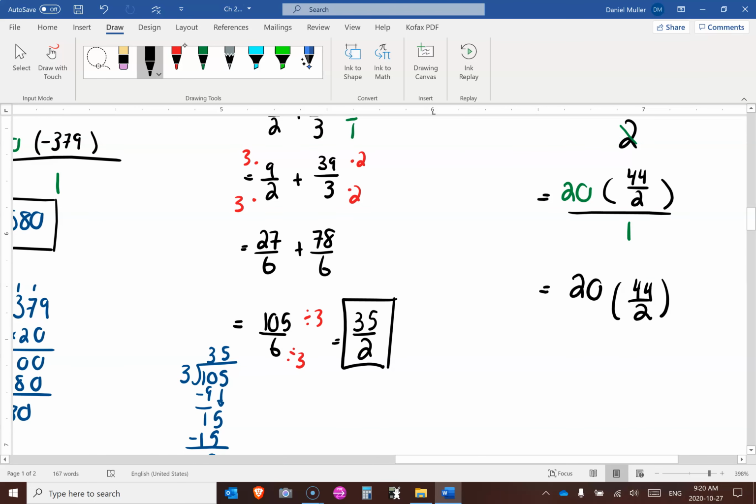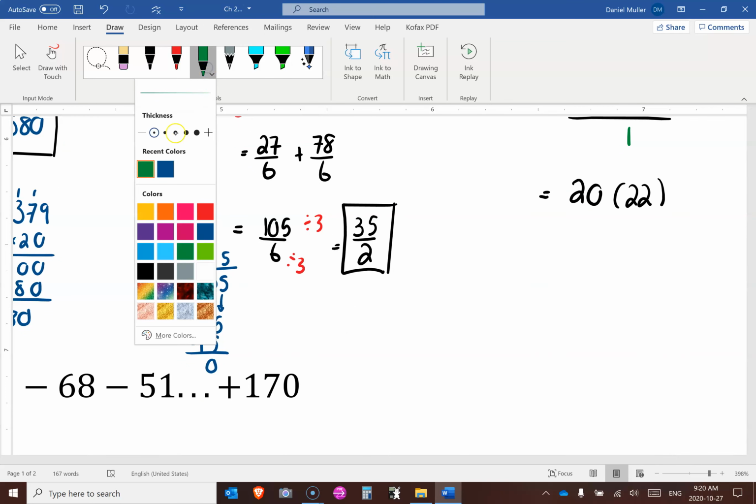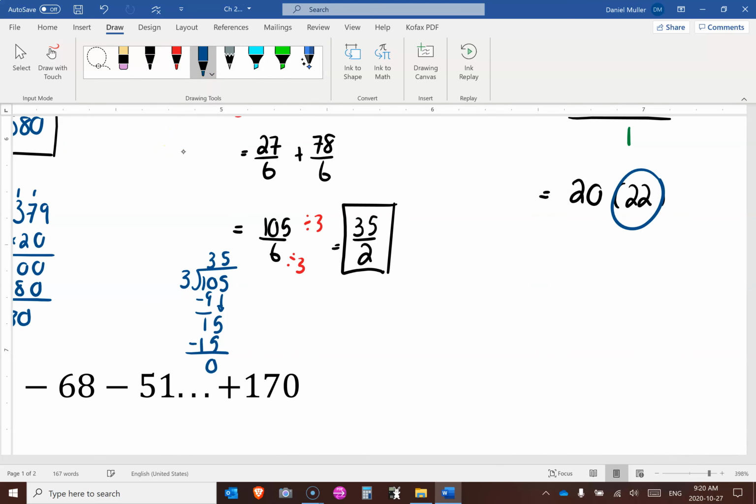But I don't need to do that right now because I know that 44 over 2 is just 22. So now I need to do 22 times 20. Well, 22 times 2 is 44. And then add a 0. So 440. Okay, so that's actually, I don't need anything for that. So the sum of all of that is 440.